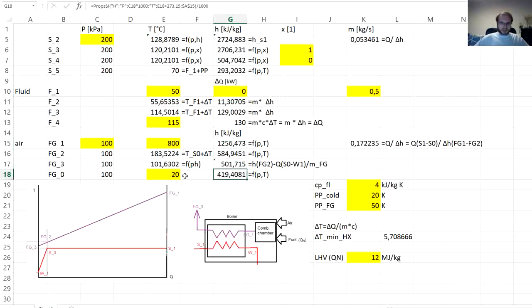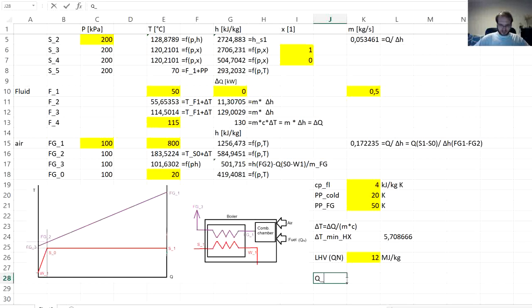And it's the enthalpy of the flue gas, or in our case we use properties of air, after being cooled down to the temperature of the ambient, or the temperature with respect to which the lower heating value is evaluated. And the difference between the enthalpy here and here, or the heat that could be obtained from the flue gas if we could cool it down, is in this case inevitably lost into the ambient, into the atmosphere.